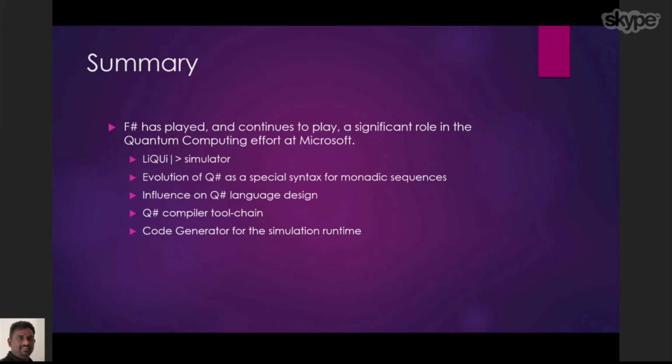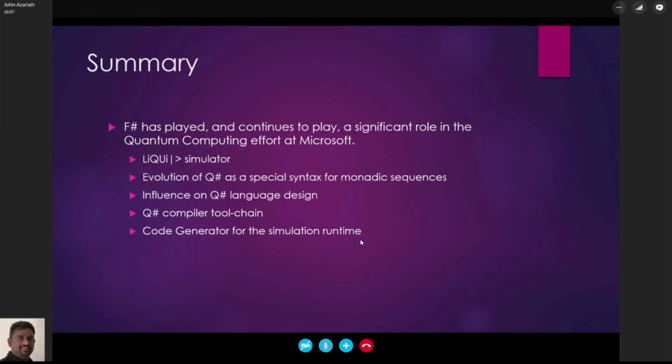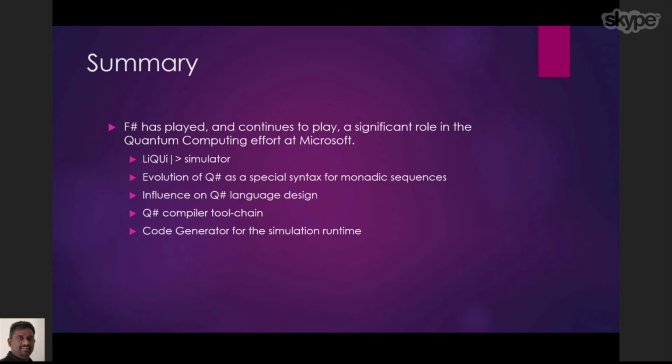And then, of course, the code generator for the simulation runtime and as a host language for the quantum computing itself. Both of those can be done using F#. And that's in effect the tale of the two languages that has led to the quantum computing effort at Microsoft.